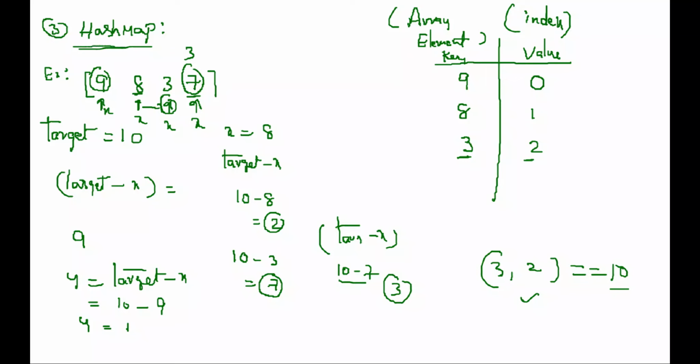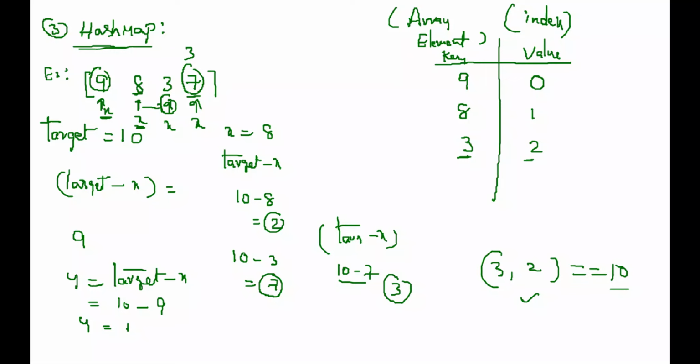So whenever the difference between target and current value is not there in the hash map, you just simply throw that element into the hash table with the index, and again you move x to the right side. Again you check the difference between target and the present x value.